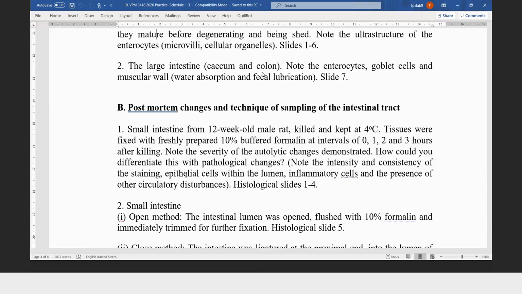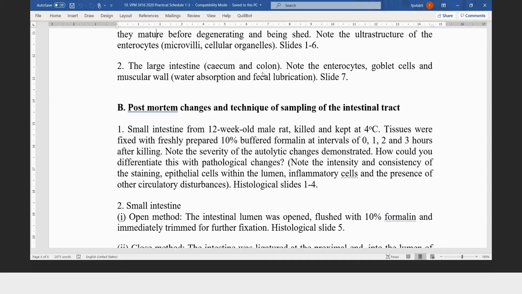Another important aspect of necropsy that I need to emphasize here: before you graduate, at least you should have experience and, if possible, competence in doing necropsy for these groups of animals. The first one, ruminants.